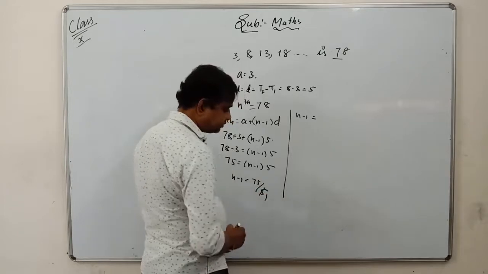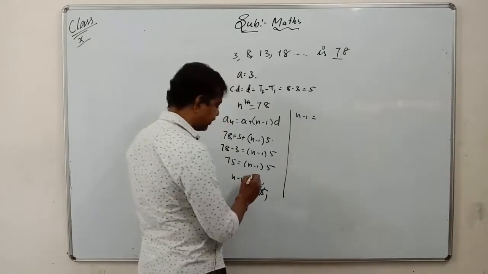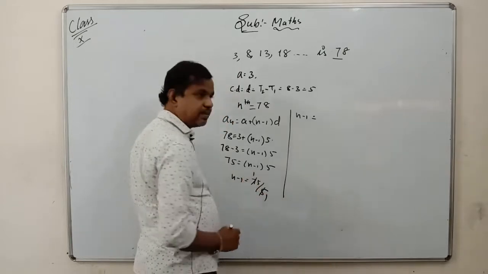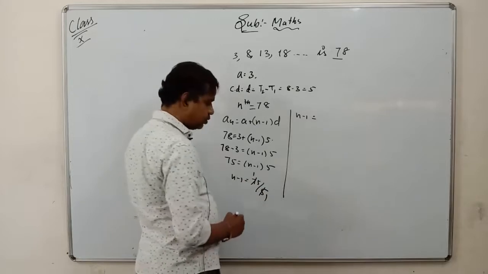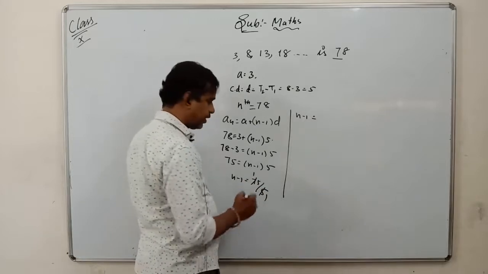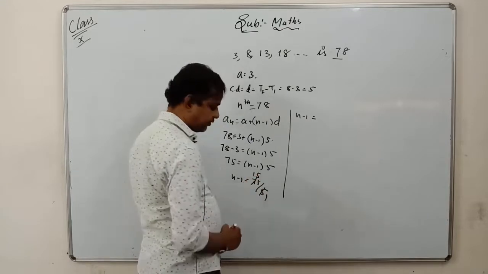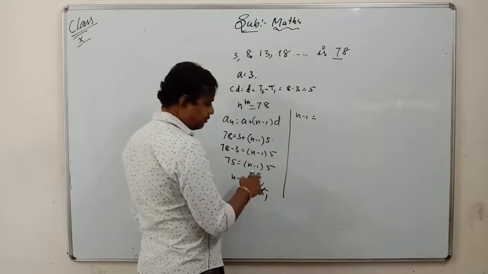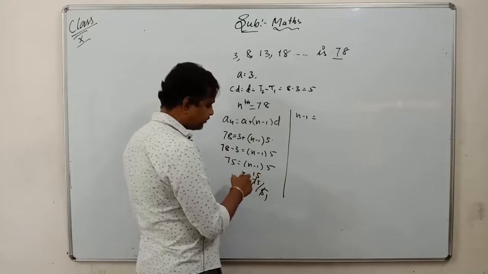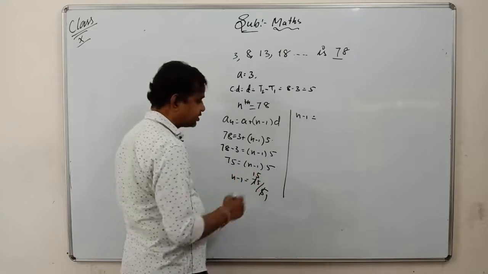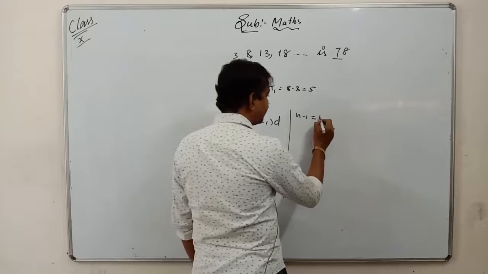5 ones are 5, remaining is 25, 5 fives are 25, so you get n minus 1 equals 15 here.